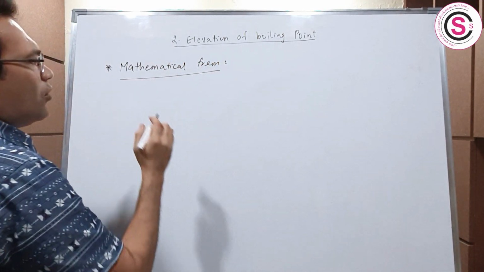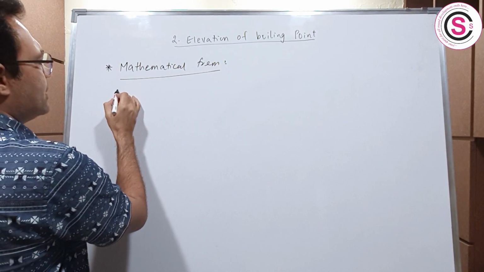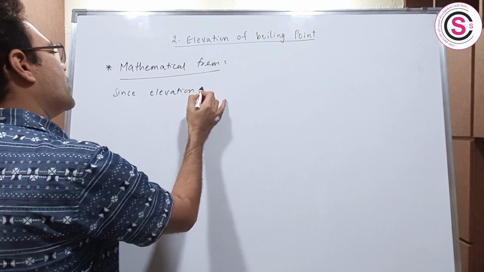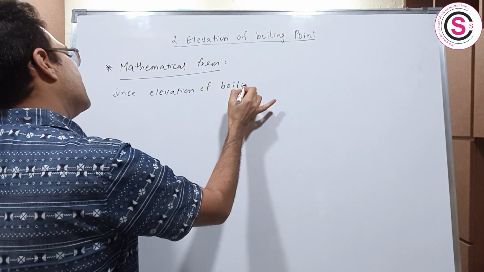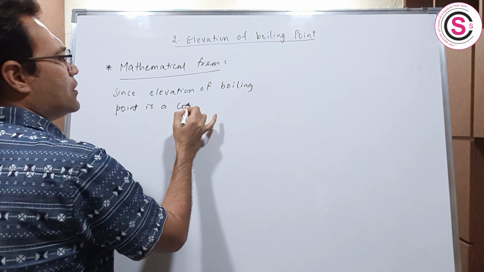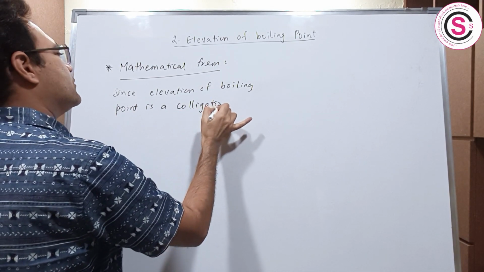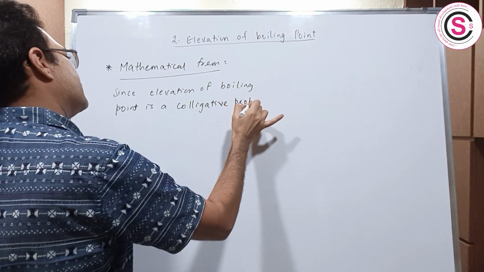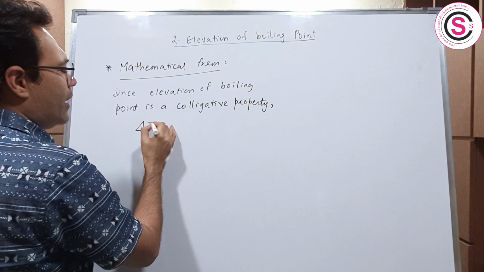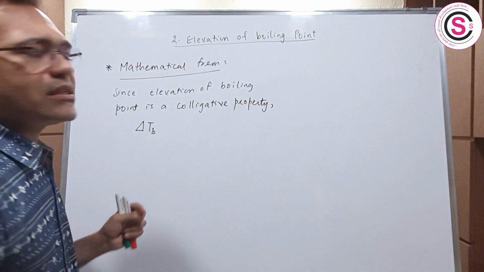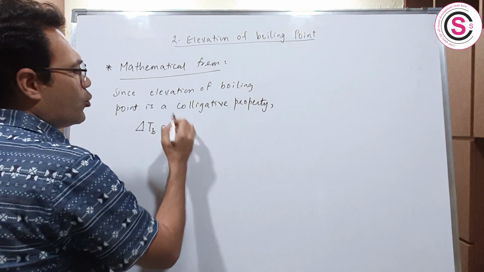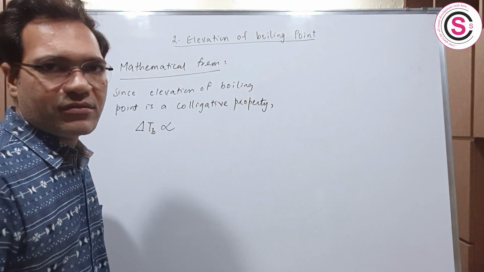See students, we know that since elevation of boiling point is a colligative property, I can write that elevation of boiling point, my dear students, delta TB is the symbol of elevation of boiling point, will be proportional to concentration of the solution, right?